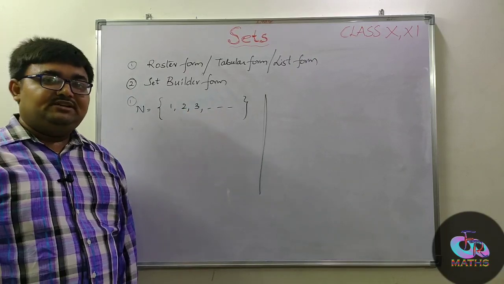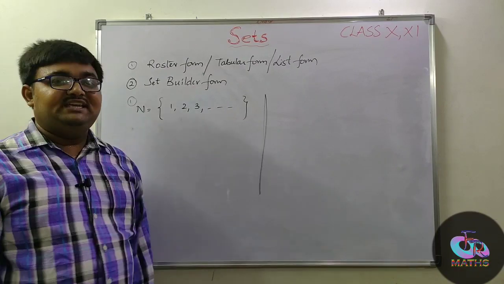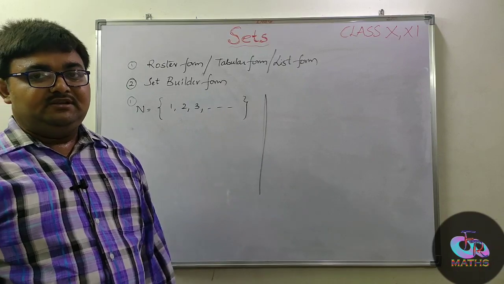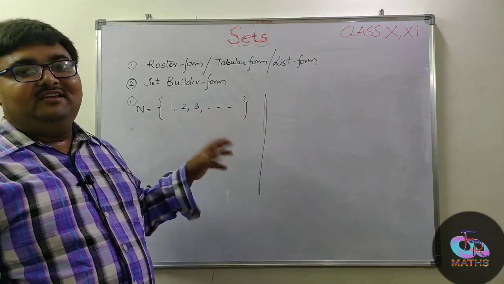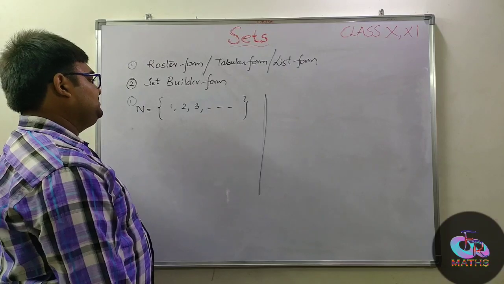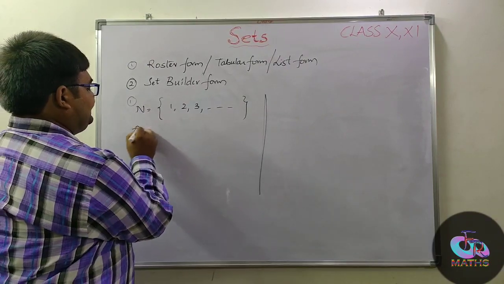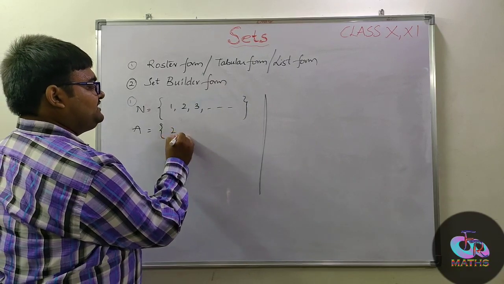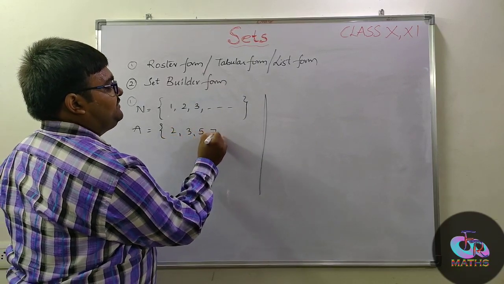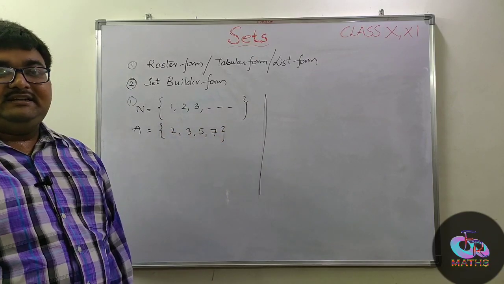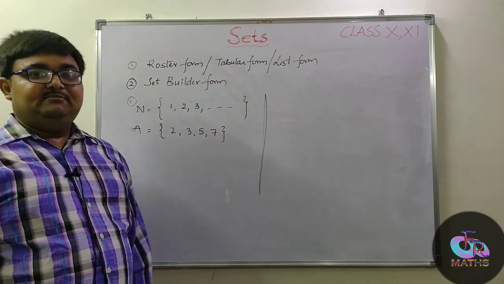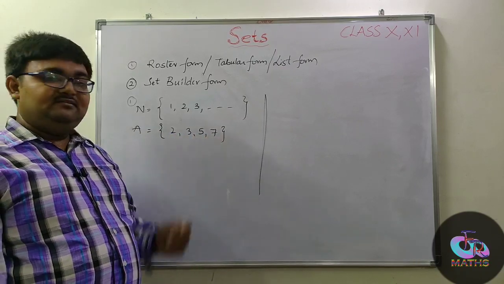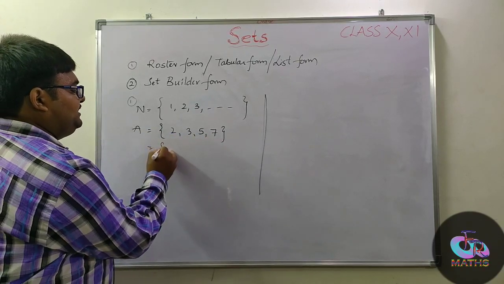In this form, the elements are separated by commas. One more thing you need to remember is that there is no importance for the order of the elements. You can write any element at any place. Suppose you consider a set A, which contains the prime numbers less than 10. Set A can be represented as 2, 3, 5, 7 within braces.